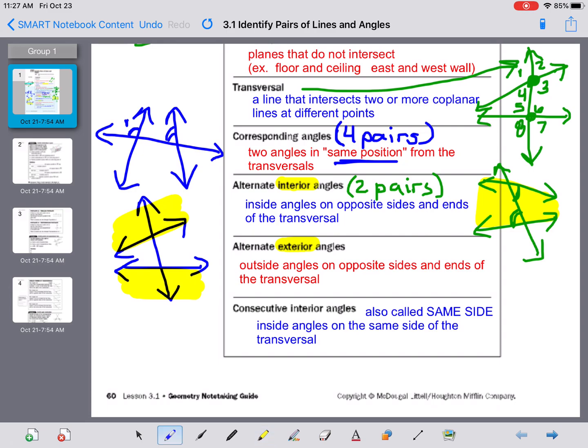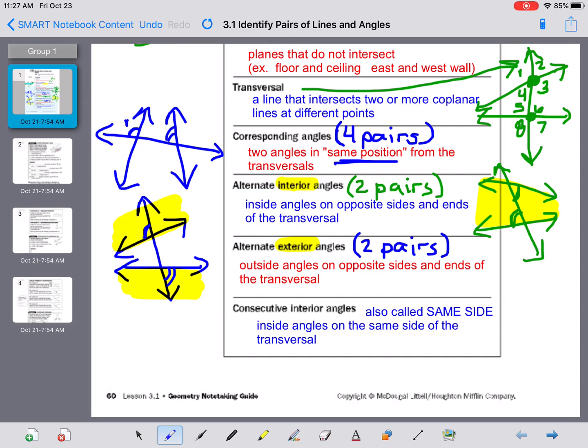So if I have one on the top left, I have to choose one on the bottom right. It jumps across the line and to opposite ends. There's my alternate exterior angles. How many pairs of those can I have? Just 2, because I only have 4 angles on the outside, so I only have 2 pairs of alternate exterior angles.